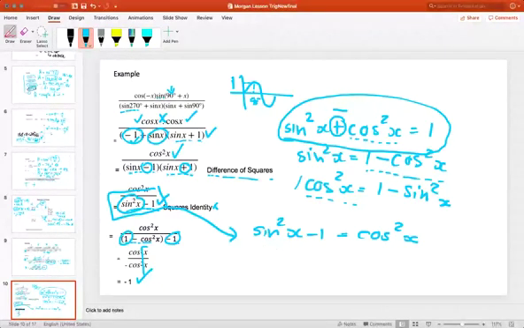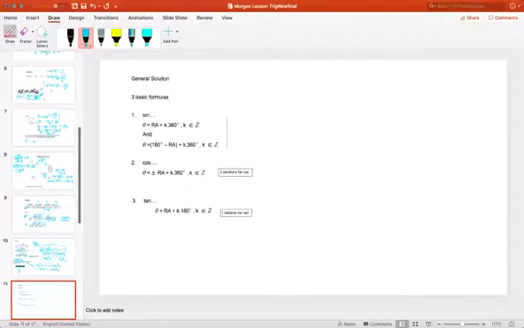Remember that it would be 1 minus sine squared x is cos squared x. So always be very careful. Apply your reduction correctly, and especially with your identities. You've learned that you can mix your identities in with your reduction formula. All right, let's see what's up next.